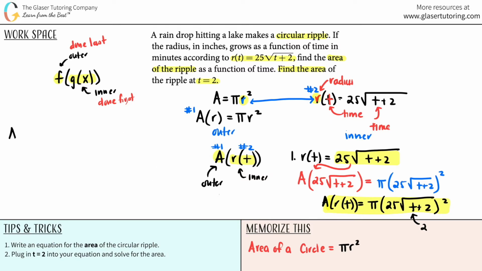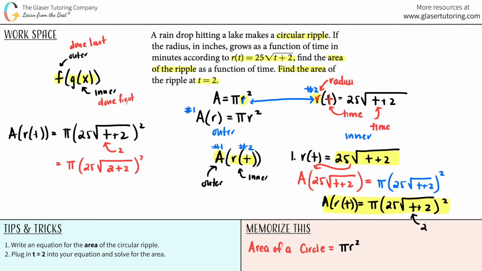So I'm going to say A of r of t equals pi 25 square root of t plus 2 squared. Now they're saying that t has to equal 2. So I'm just going to plug it in. So this would be equal to pi 25, the square root of 2 plus 2, all squared.